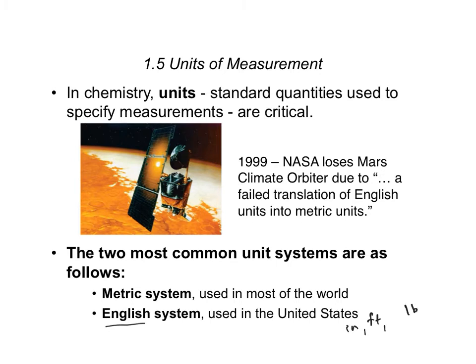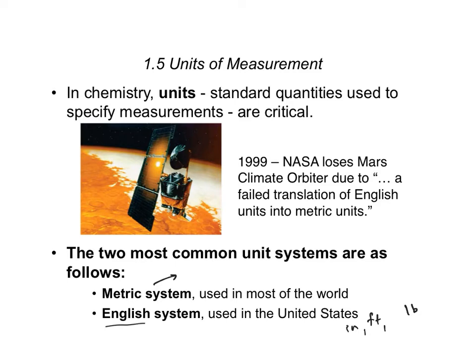Pounds, right? Nobody else measures in pounds. And we'll talk about pounds in a second, how it's not actually a measure of mass. Everyone else uses the metric system, okay? And we're going to go through the common units of the metric system, as well as how they fit into overall science and chemistry and how we actually measure things, okay?